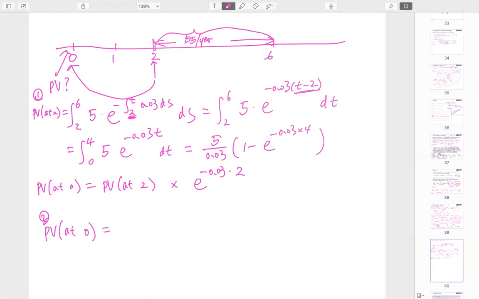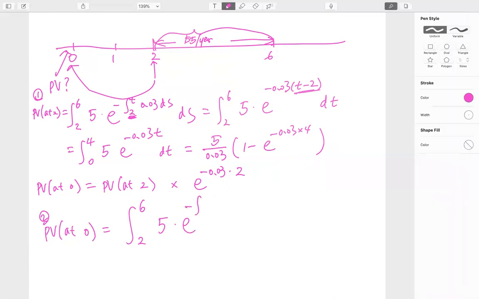First of all, your outside integral is from 2 to 6 because this is the time when you are being paid continuously, and the rate is $5 per year. The different part is, let me get blue color to highlight the difference.